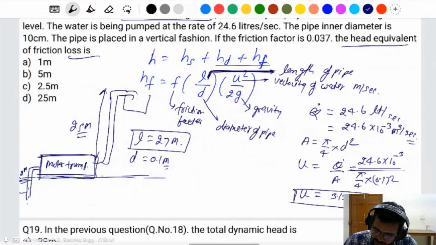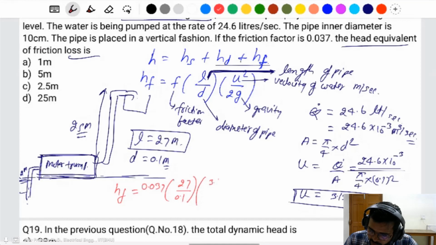Then calculate the HF. f is given in the question as 0.037. The length is 27 divided by diameter 0.1, times 3.13 square divided by 2 into g. The value of g is not given, but simply we can take 10, or we can take 9.8 also.